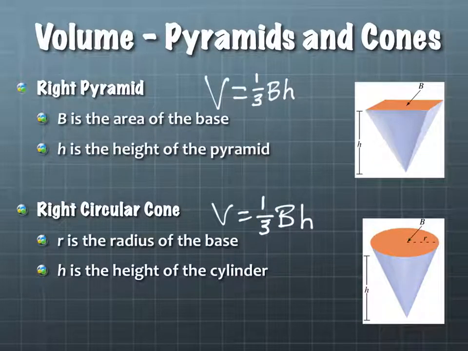Now, obviously the area of the first base for the pyramid is the area of a square or a rectangle. That's what it looks like, right? And the area of the second shape is the area of a circle, or maybe an oval if we were dealing with a non-circular shape. But it's the area of whatever the base is, still times the height. The only difference for cones and pyramids is that you've got a 1/3 factor in it, instead of not having the 1/3 for the other shapes we're dealing with.